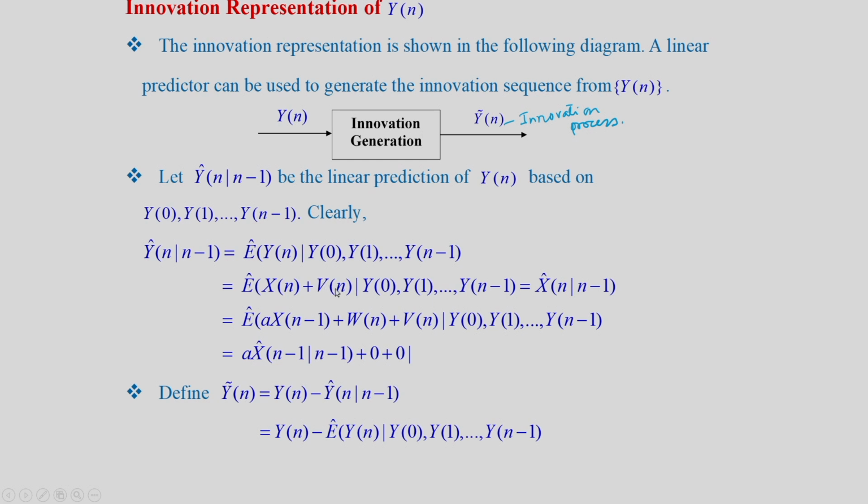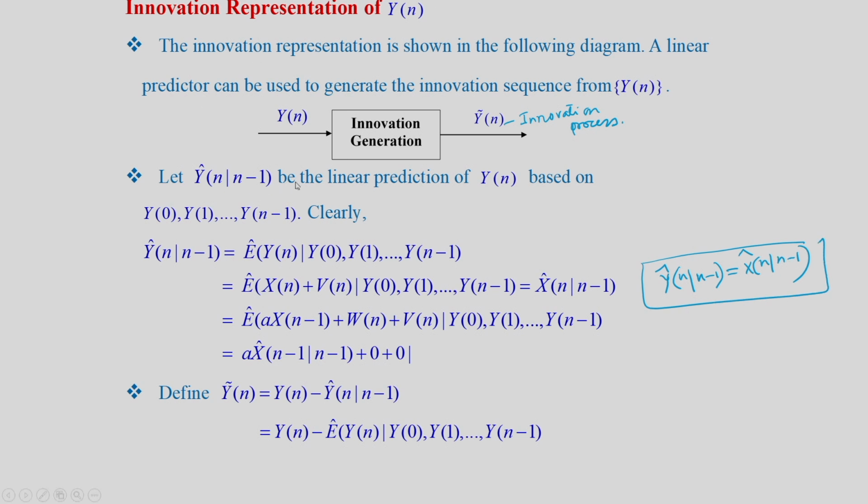The linear estimation of noise, because it is uncorrelated with the data, will be 0. Therefore, this will be simply the linear prediction of xn given data up to n minus 1. So, y hat n given n minus 1 is equal to x hat n given n minus 1. This relationship is important for us.